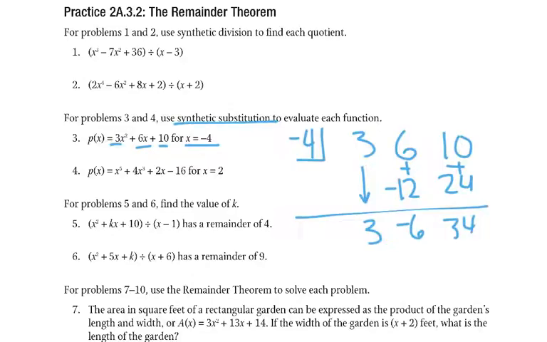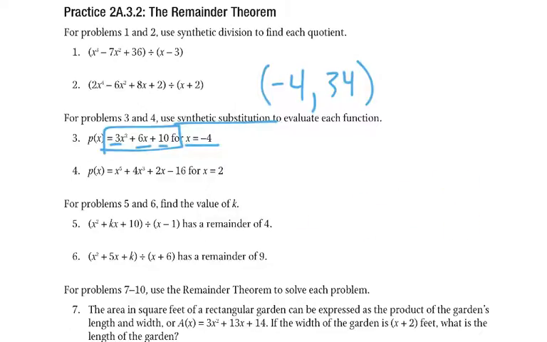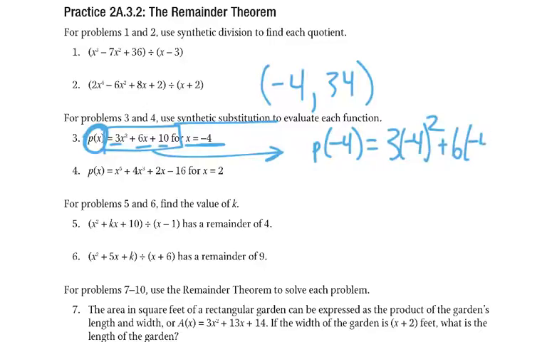So with synthetic substitution, all it wants you to tell me is that when x is negative 4, y is 34 in that function. The reason I say it's crap is because of this. Now that wasn't too hard to do on this one, but I could easily use a calculator. If I know what x is and I want the y value or the output, can I just put my x value into the equation and solve it for the y value?